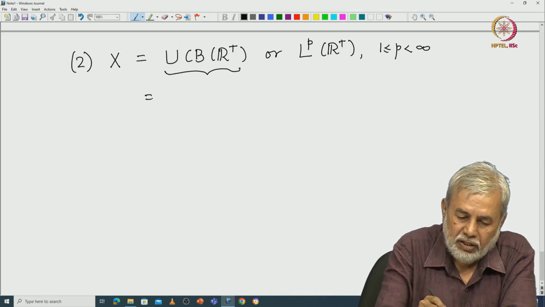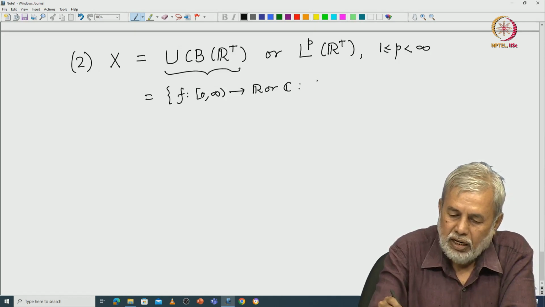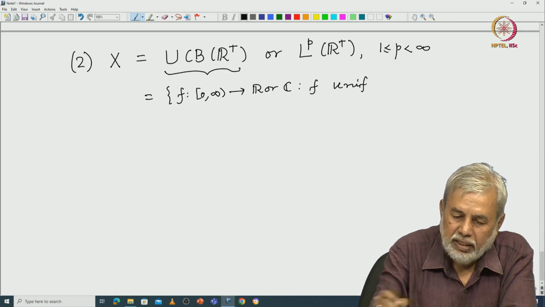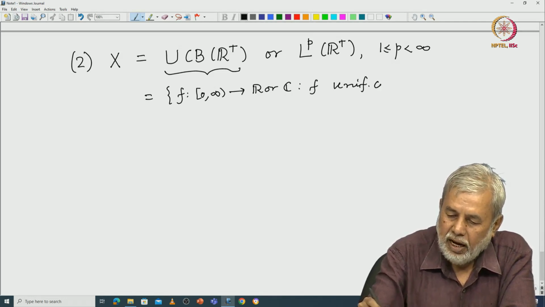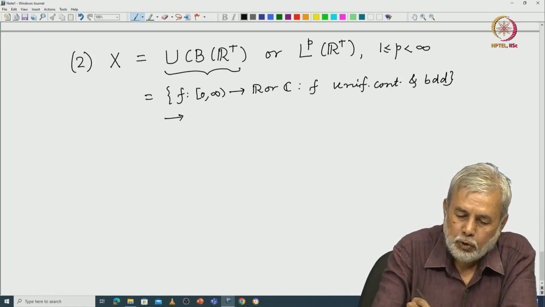This is the set of all f from R plus, that is 0 infinity, to either R or C, f uniformly continuous, that is UC, and bounded, and this is equipped with sup norm.